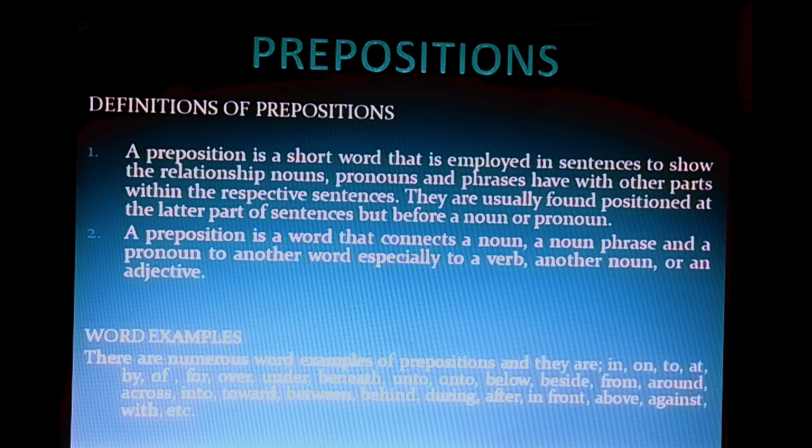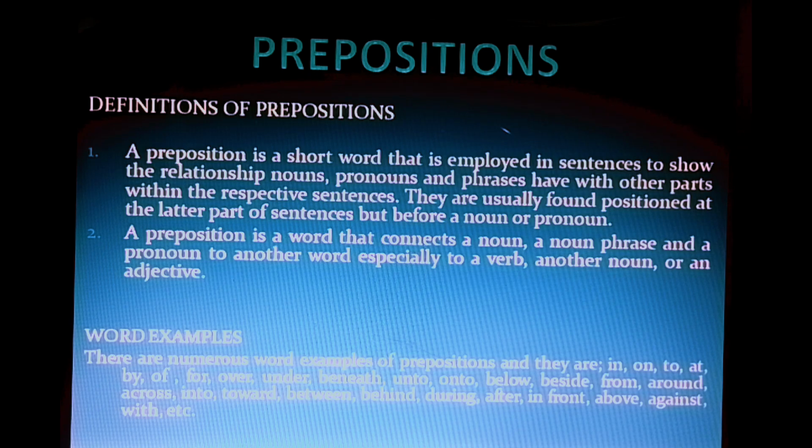Now, let's look at the second definition of prepositions. It says, a preposition is a word that connects a noun phrase and a pronoun to another word, especially to a verb, another noun, or an adjective. Of course, you know that a noun, a verb, and even an adjective are all parts of speech.